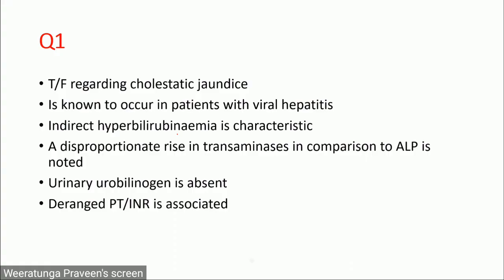For MCQ purposes, please remember that all viral hepatitis can sometimes start off with a hepatocellular injury and then have a delayed cholestatic phase later on in the illness. So it is in the natural history of viral hepatitis infection. You can initially get a hepatocellular phase and also a prolonged cholestatic phase, right? So cholestatic jaundice is known to occur in patients with viral hepatitis is true.